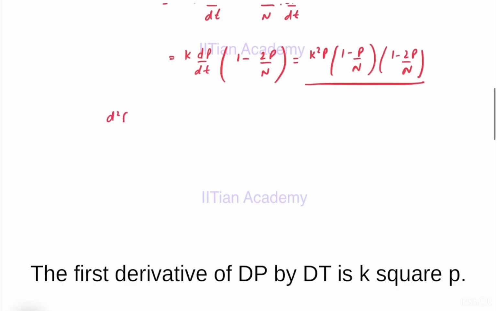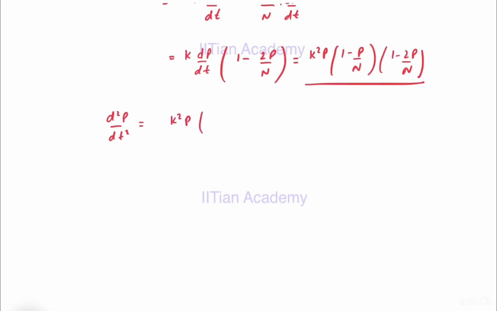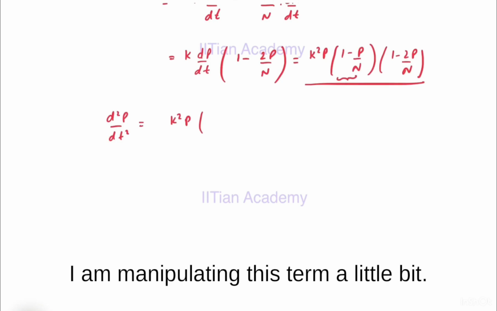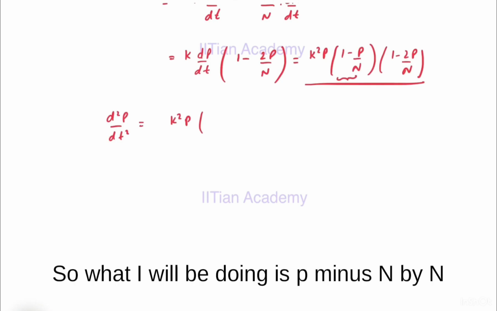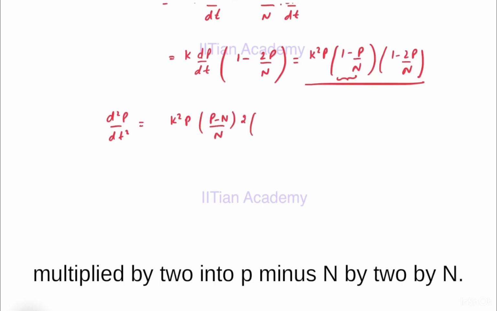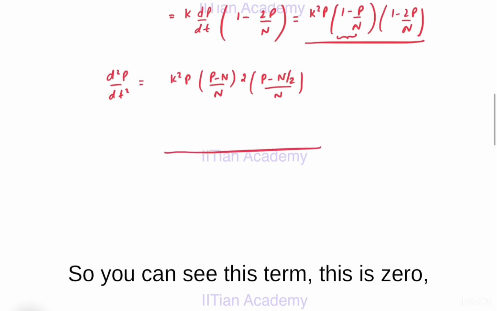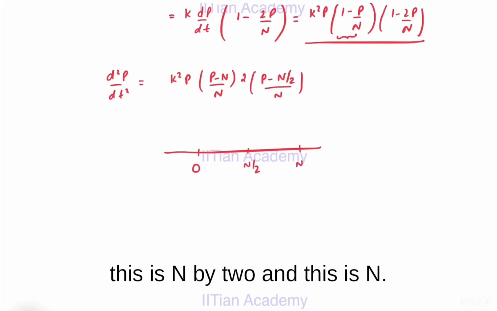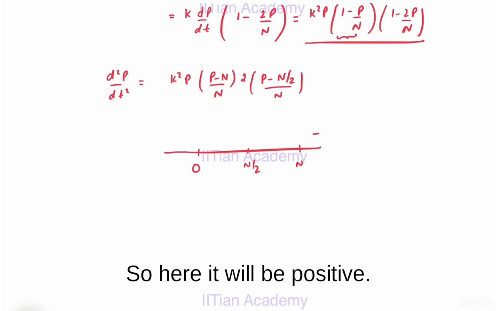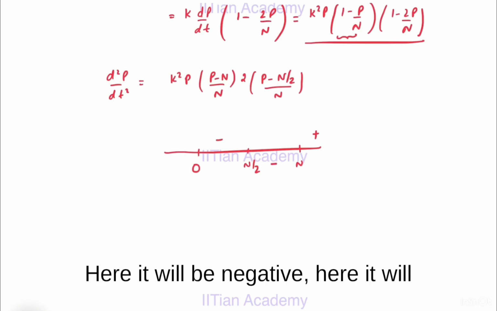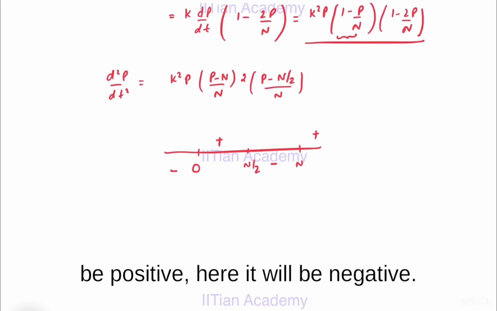So let us see the first derivative of dP by dt is K square P. I am manipulating this term a little bit. So what I will be doing is P minus N by N multiplied by 2 into P minus N by 2 by N. So you can see this term, this is 0, this is N by 2 and this is N. So here it will be positive, here it will be negative, here it will be positive, here it will be negative.